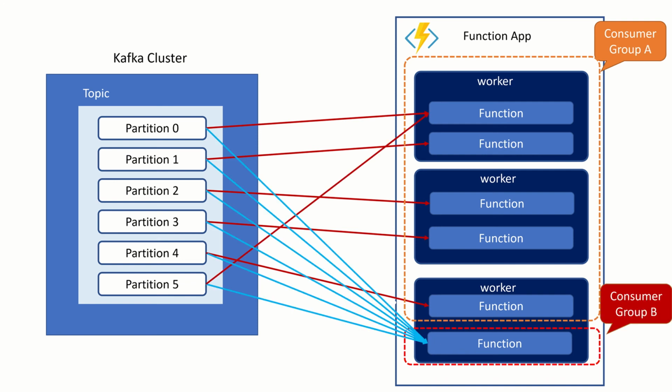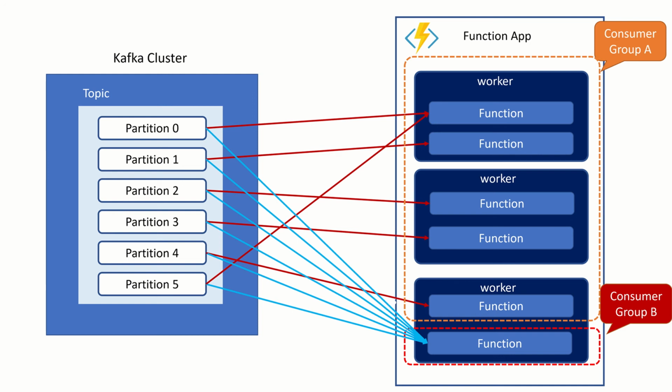But this is how we can make the execution of each function parallel or concurrent. The other concept is, if you have a different consumer group, what happens? Among consumer group A, partitions 0 to 5 are read, and each consumer group has an offset commit, which means how much of the messages you have read.